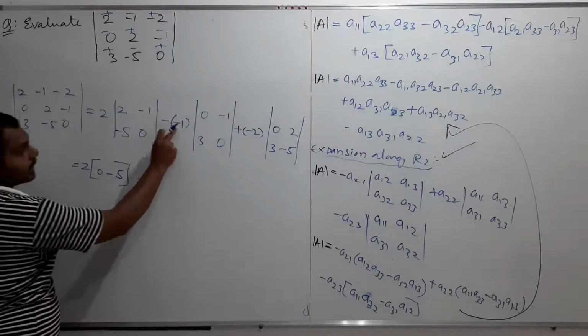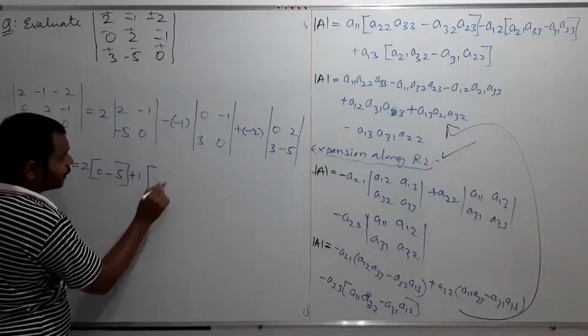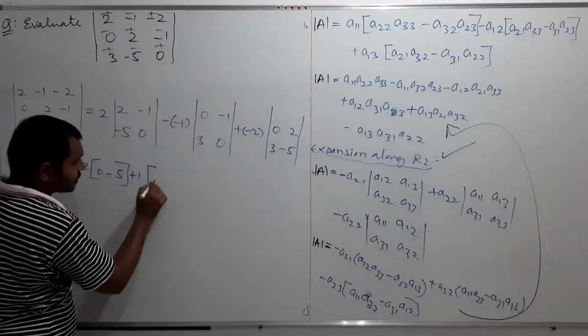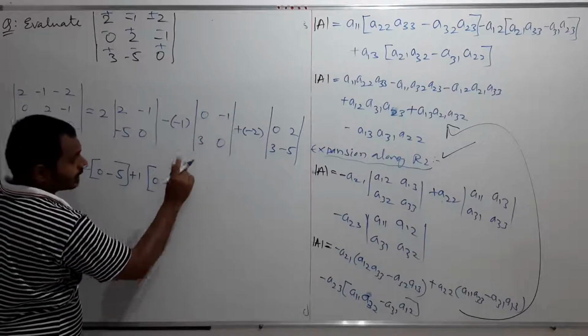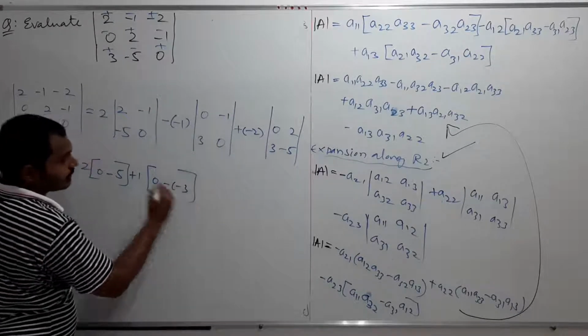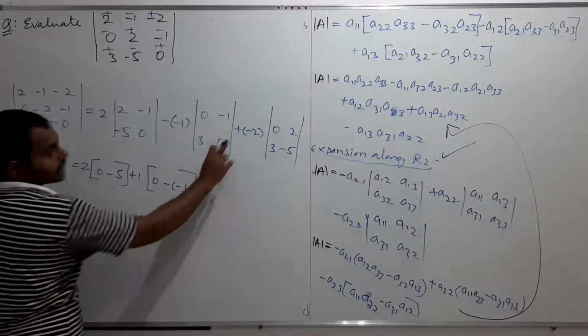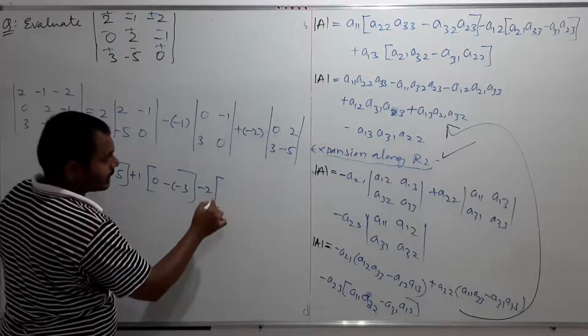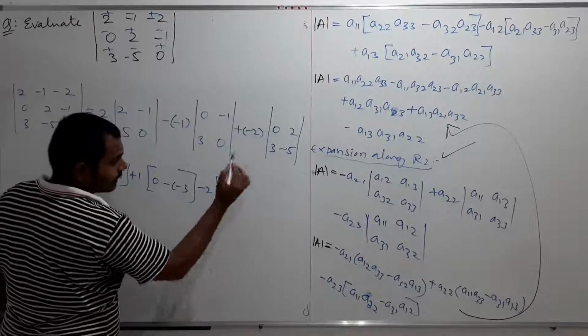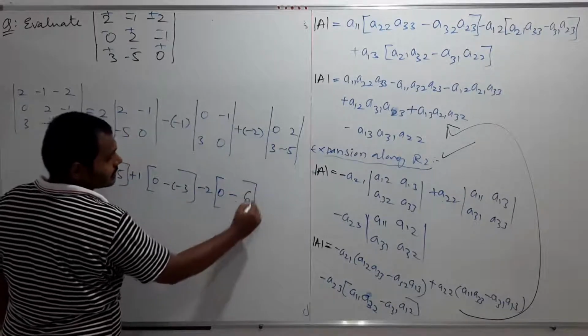Clear? Next, minus plus 1 into determinant of this. 0 into 0 is 0, minus plus minus 3 into 1 is 3. Clear? Next, plus minus 2. And now 0 into anything is 0, minus 3 2s are 6.